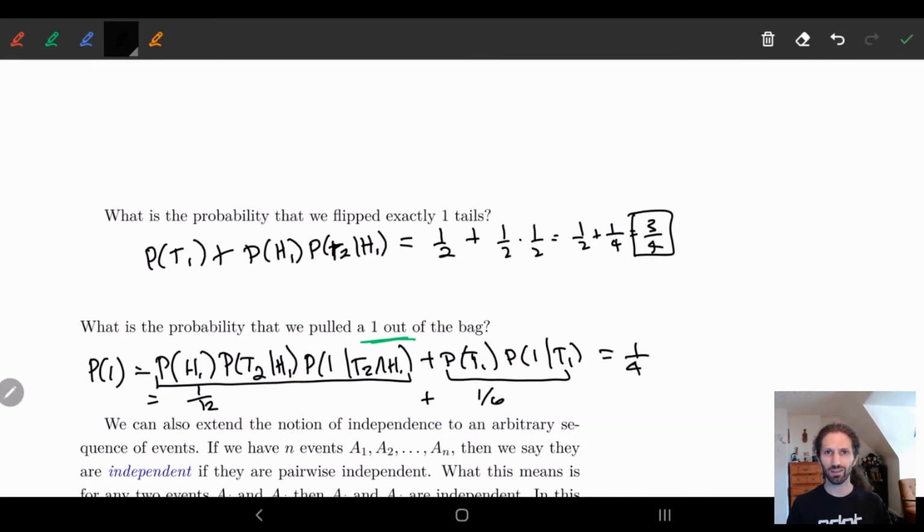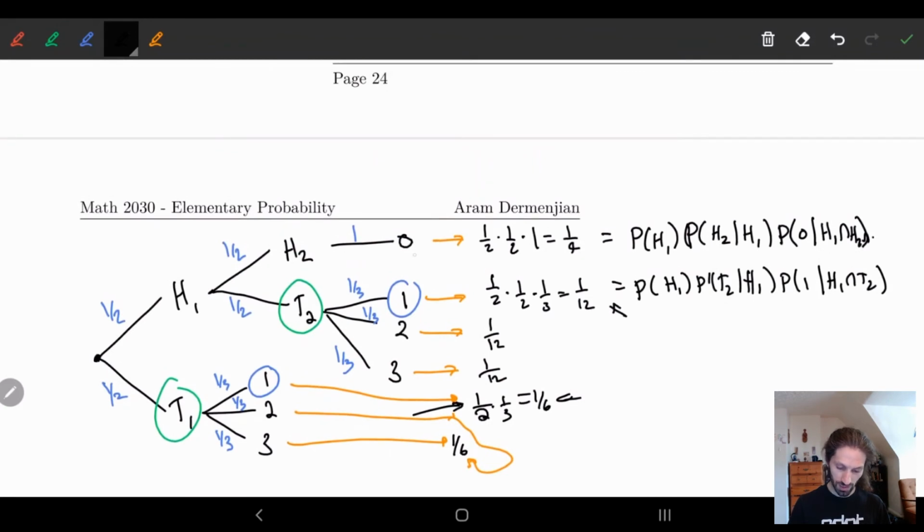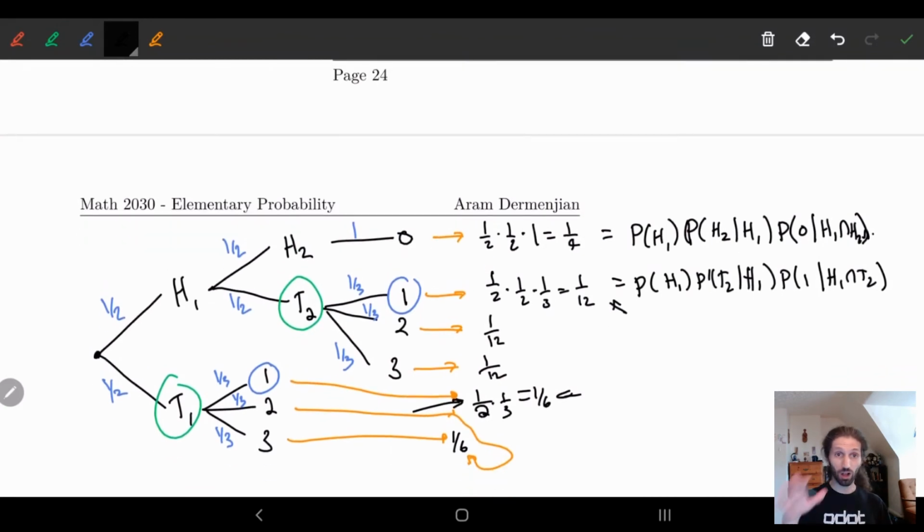And the cool thing here is if you think about this, I could have chosen any number here. I could have said pull a 2 out of a bag, pull a 3 out of a bag, and I would still get 1/4. And if you notice all the way at the top, the probability of 0 is 1/4 as well. So in other words, all of this is the same thing as putting 4 numbers into a bag and pulling out a random number.